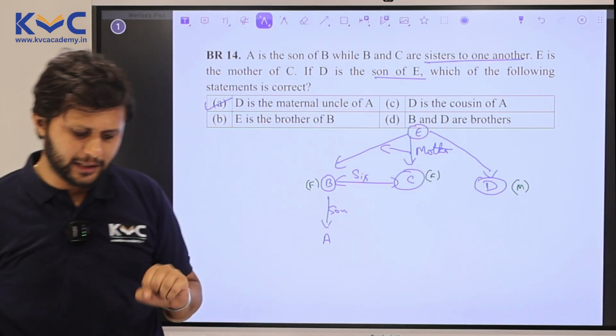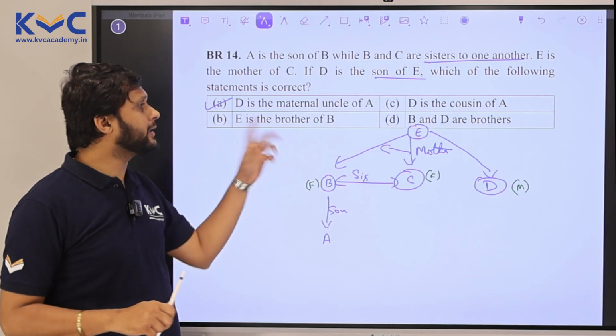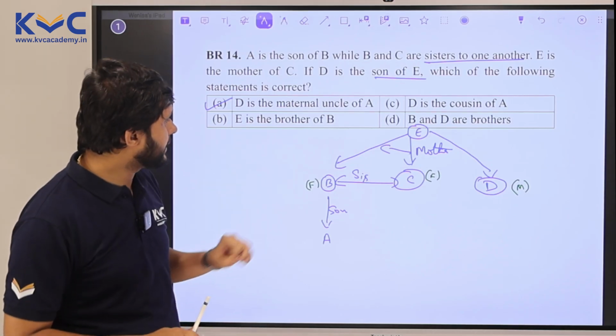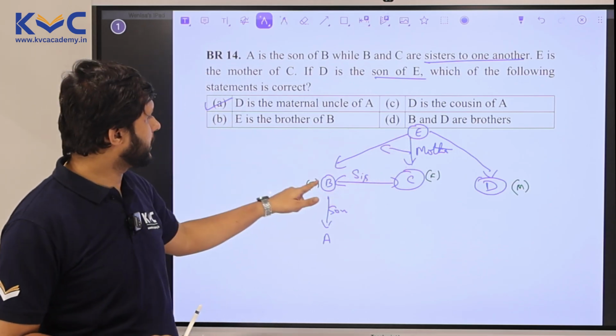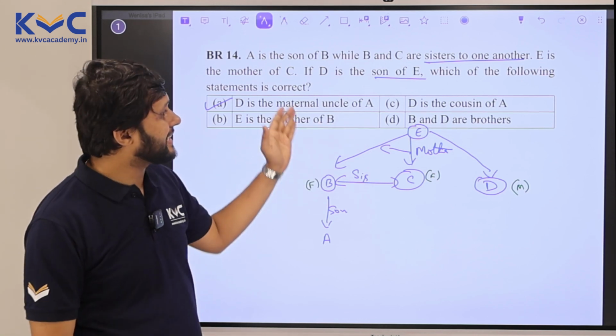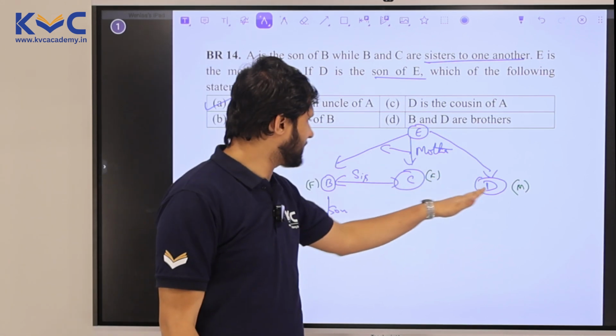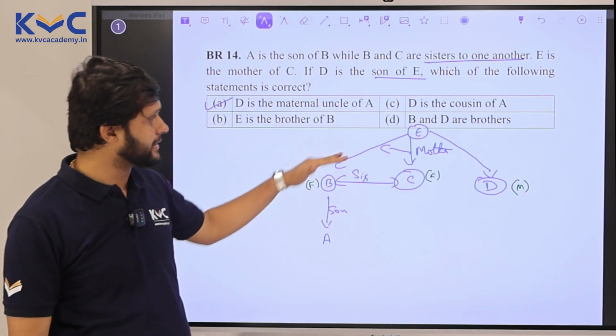Let's just make sure other options are wrong also. The other option is E is brother of B. E, where is he? B is over here. No, we have a different generation altogether. That is wrong. D is cousin of A. That is also absolutely wrong. They are in a different generation.